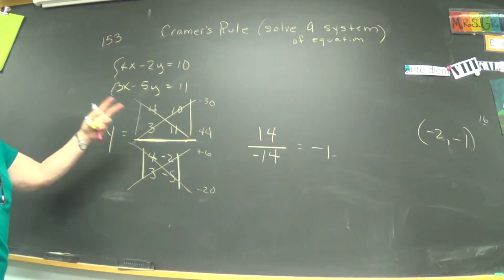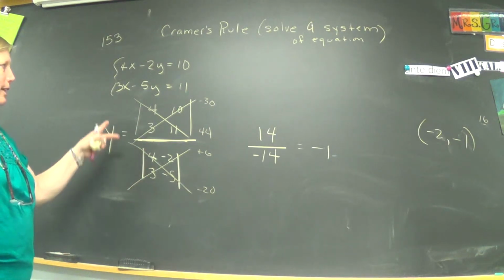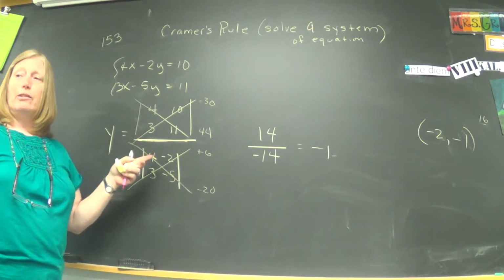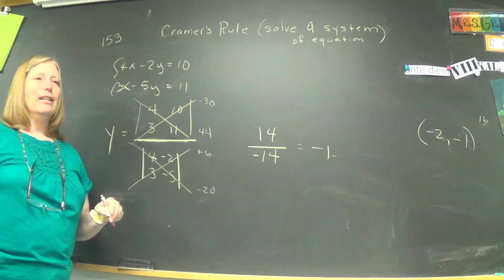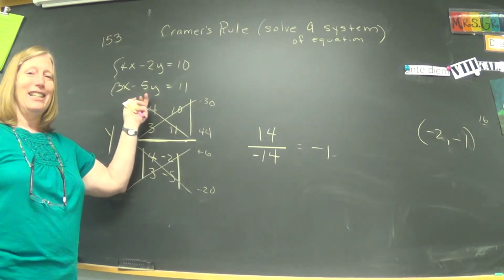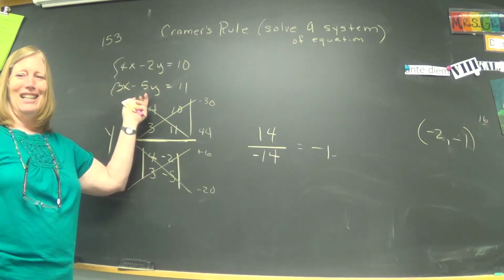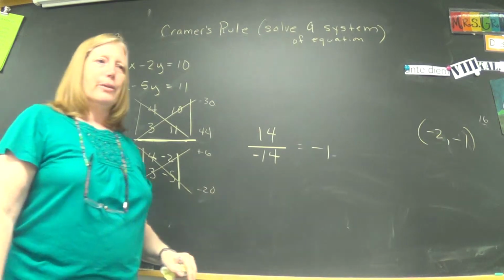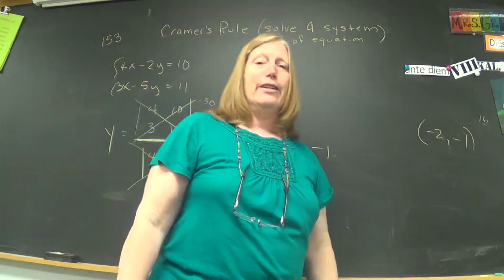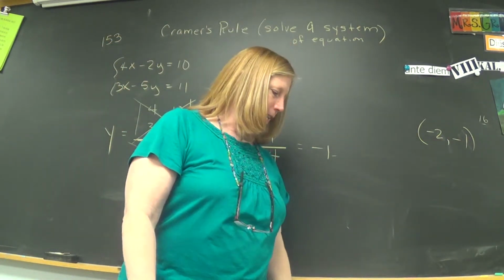So they had us actually program a computer to do this. You can get a machine to do this, but you can't get it to think elimination and substitution. You can, but it's a lot easier to use this method. So Cramer's rule has very strong computer applications.